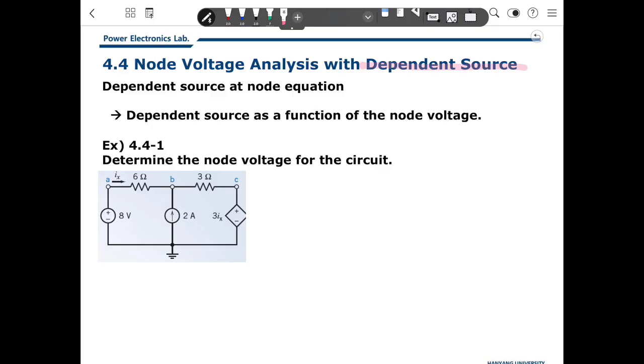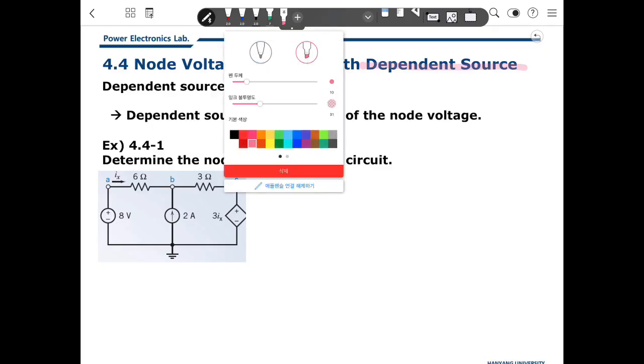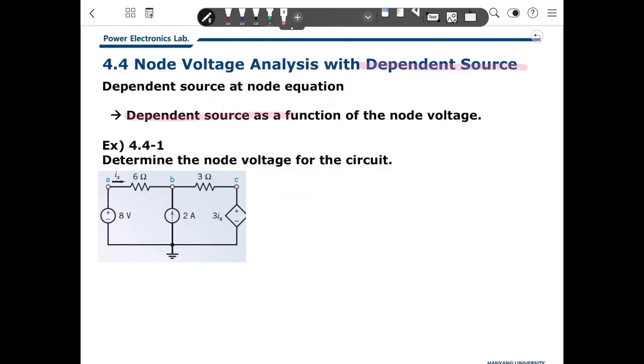The same approach is applied when the electric circuit has a dependent source. Actually, the dependent source is a function of the node voltage. So this is the key point: the dependent source can be expressed as a function of node voltage. I will give you a simple example about that.